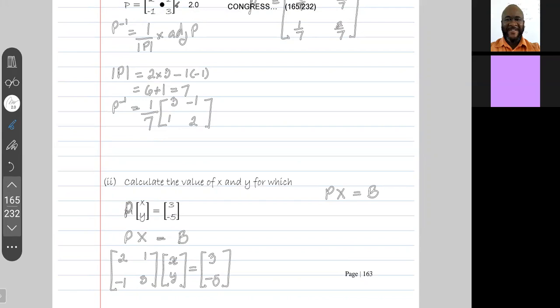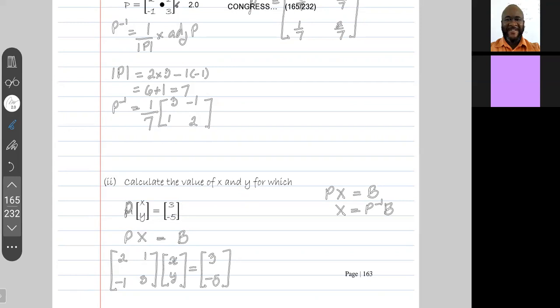So this is solved the same way as AX is equal to B. You're going to write back X and then multiply the right-hand side by P inverse. All right. So we're going to use this version of P inverse, 1/7, 3 minus 1, 1, 2.